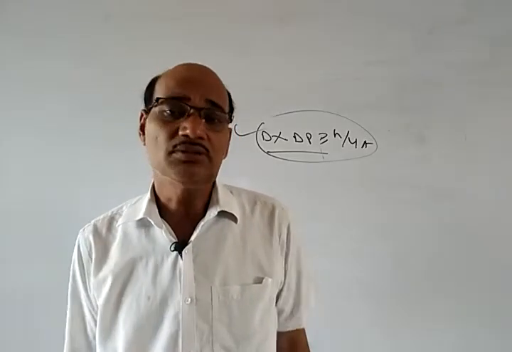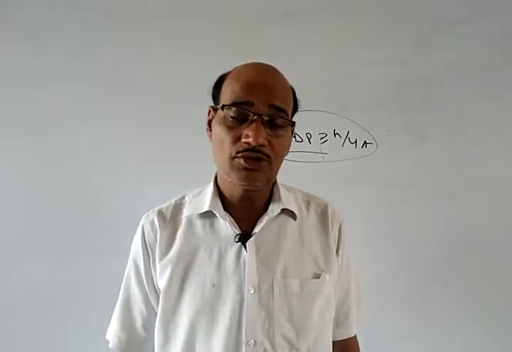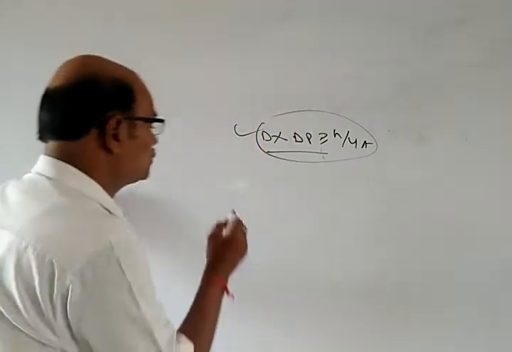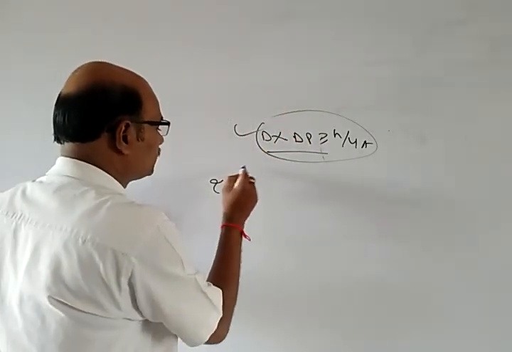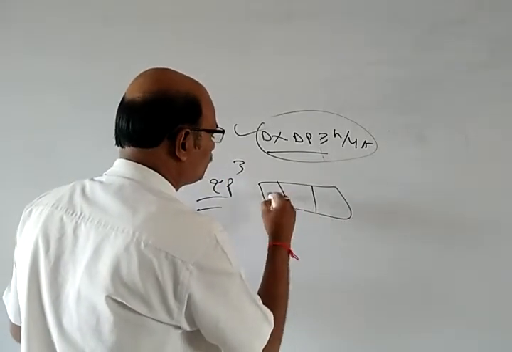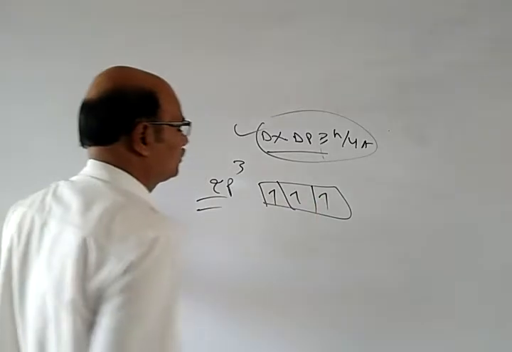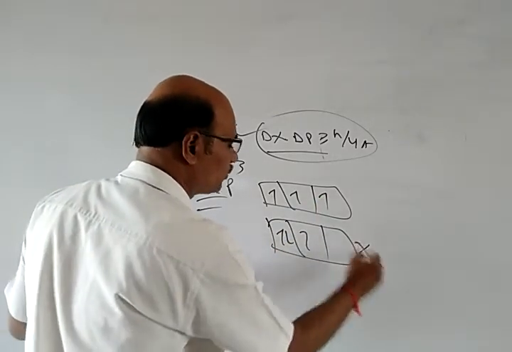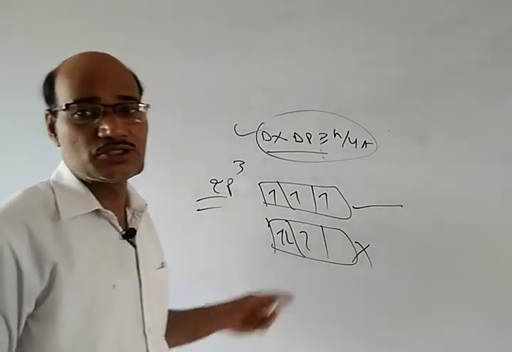So suppose we have 2p with 3 electrons, then we go for 1, 1, 1. If I move like 1, 2, 1, it's wrong, this is right.